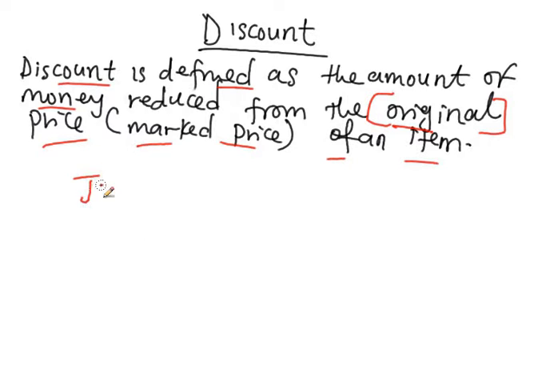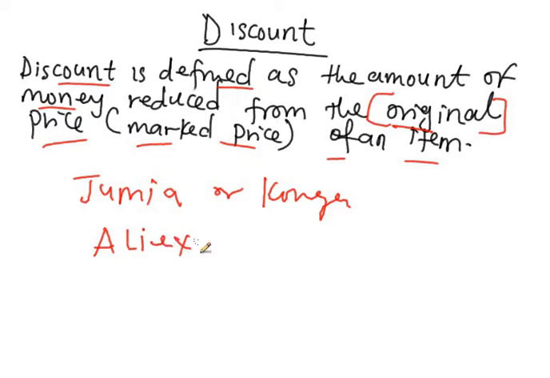Let's take Jumia. If you're a Nigerian, you know Jumia or Konga. And if you're an American, you know AliExpress or Amazon. In Nigeria, November to December is the time that Jumia or Konga do their Black Friday.